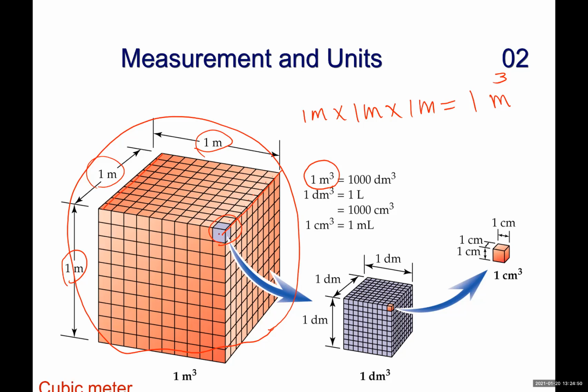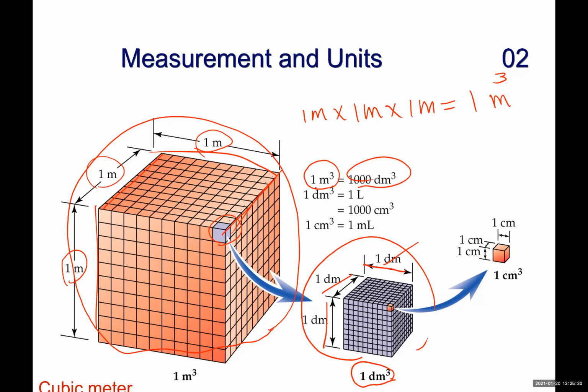The measurement of this cube is 1 deci, 1/10, 1 decimeter. So can I say this cube, which is 1 decimeter by 1 decimeter by 1 decimeter, is 1 cubic decimeter? And if you count number of these blue cubes here, you'll see 10 by 10 by 10, a total of 1,000.